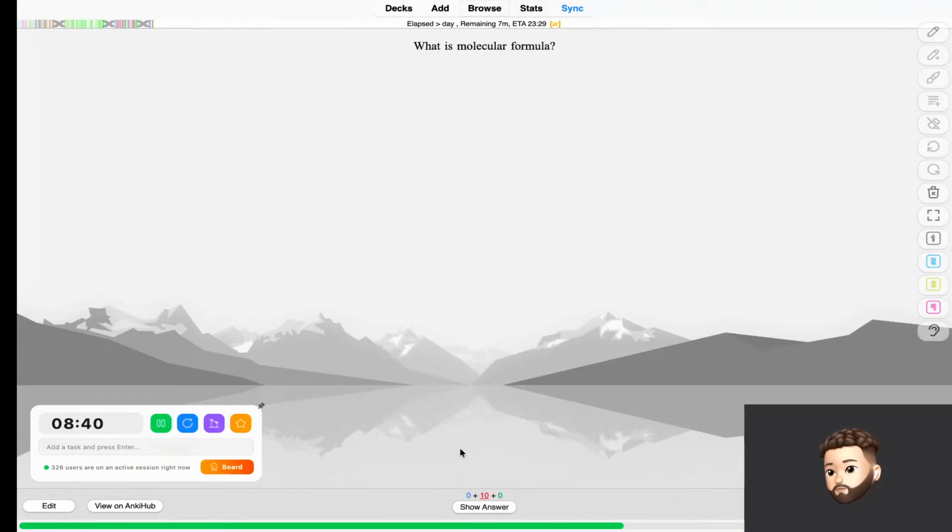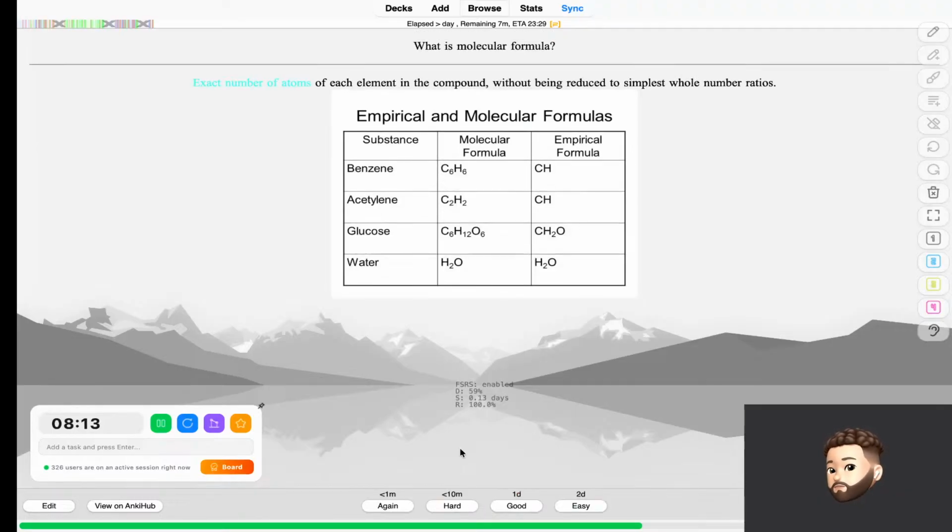What is molecular formula? Molecular formula is the exact whole number ratio of atoms in a compound.